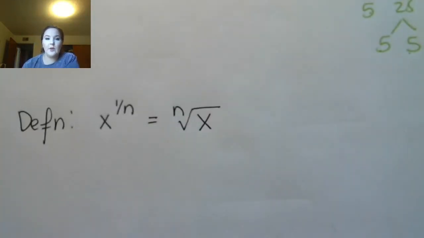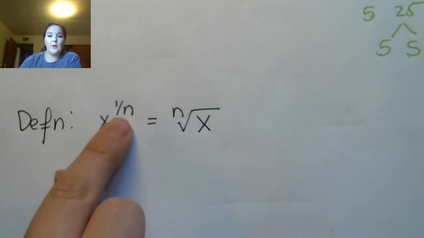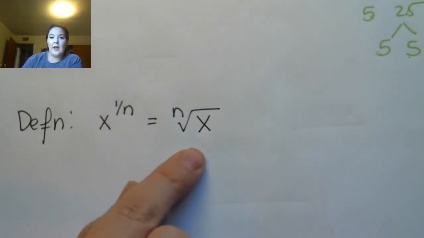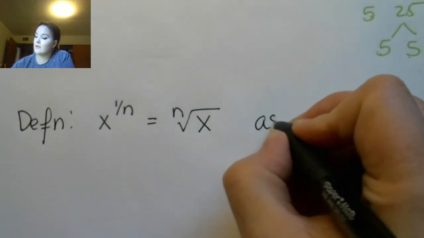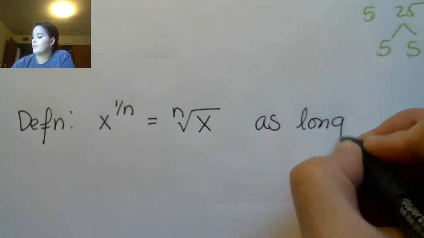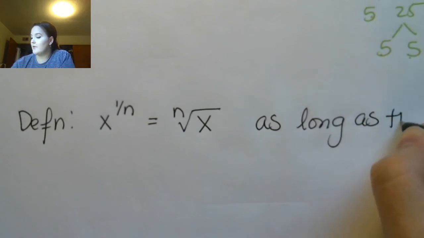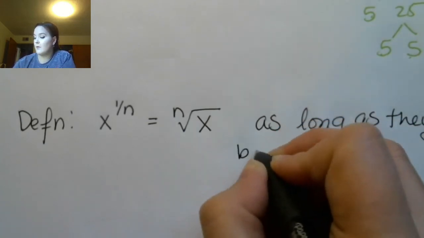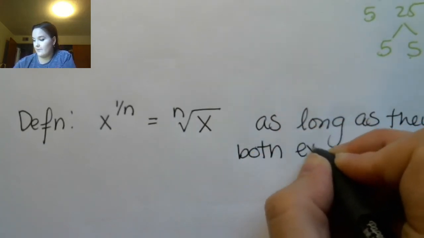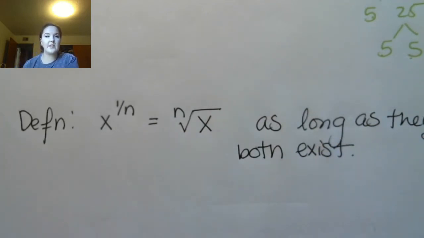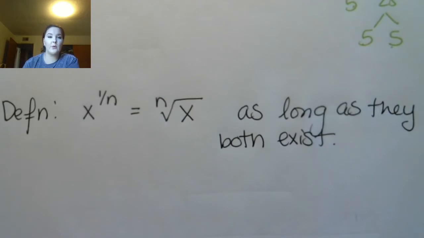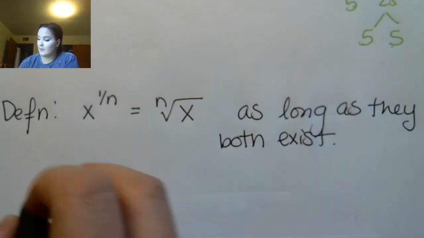We're defining the 1 over n power to be the nth root of x, as long as they both exist. As long as both of these things exist and are well defined, then they are equal to one another. So let's look at some examples.